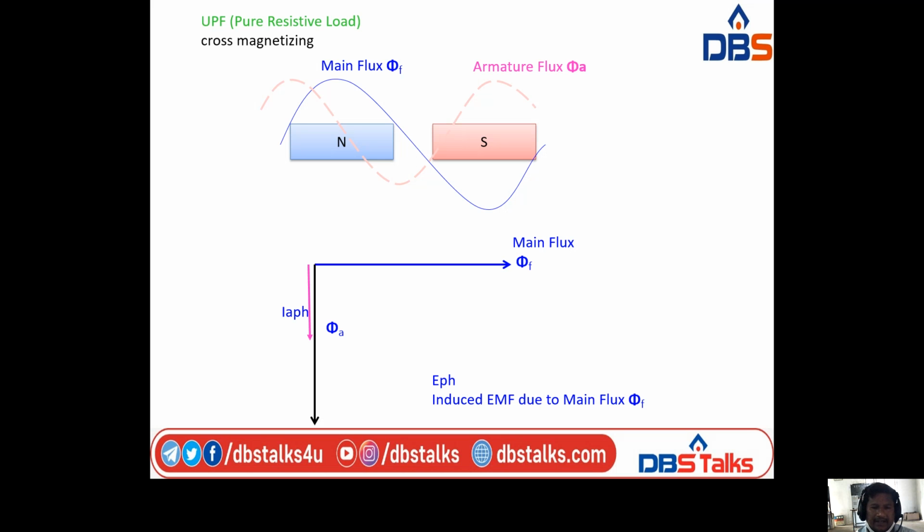Taking the main flux as the reference, this is the EMF induced due to the main flux, which is the voltage. This is a resistive load, so the current is also in phase with the voltage. The armature current IA is in phase with E phase. That is a purely resistive load, which gives the cross magnetizing effect.